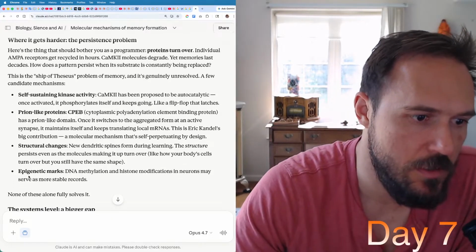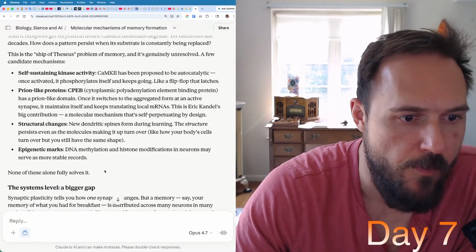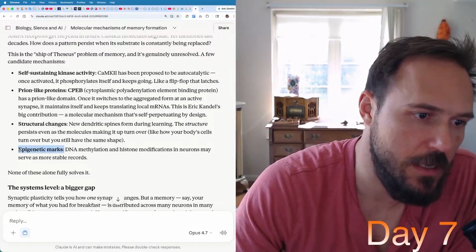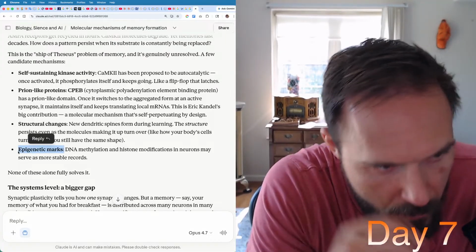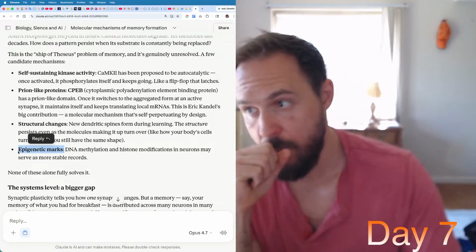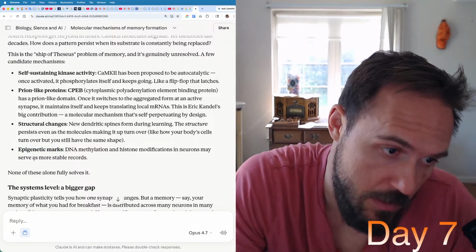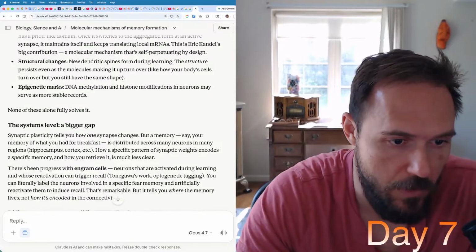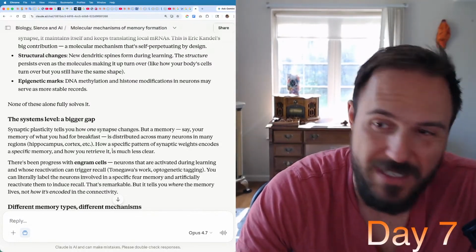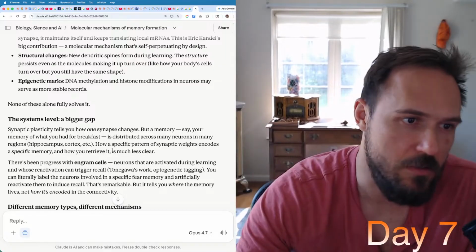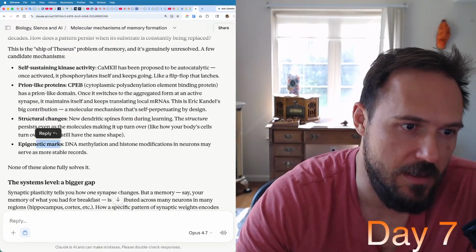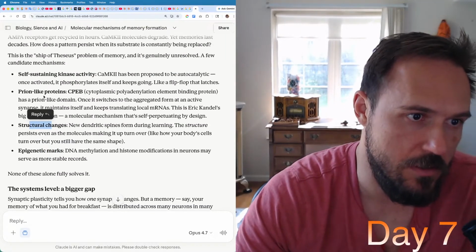Structural changes, epigenetic marks. I don't think it's epigenetic marks, it's too small. Or maybe it is. We have Bell numbers, right? Maybe it is a bell. Like we don't remember everything, but then we can recover and recreate. So yeah, it's not epigenetic. It's not the structural changes.